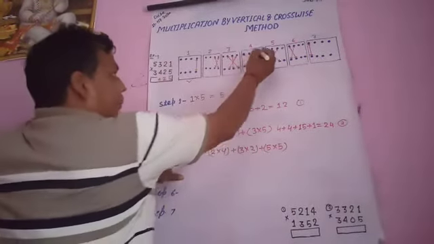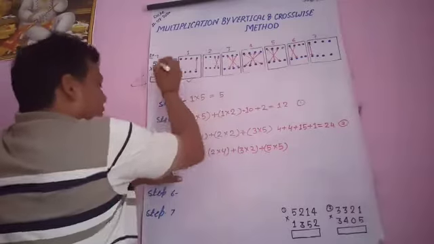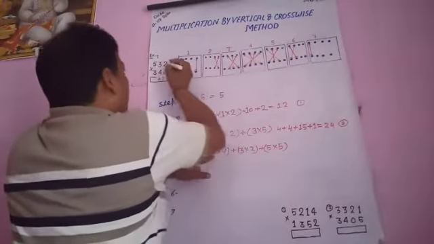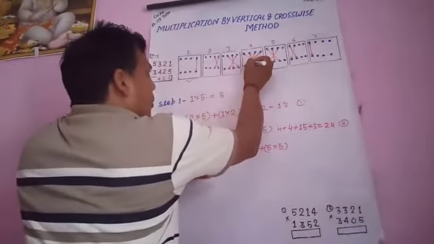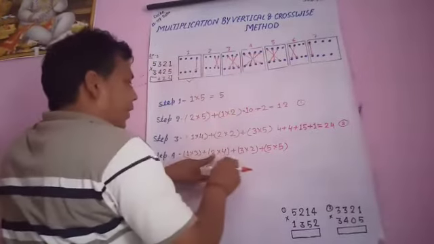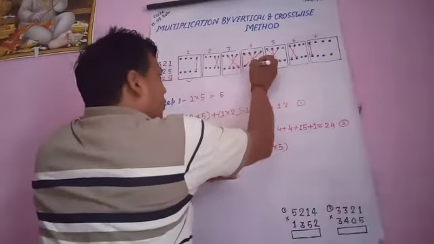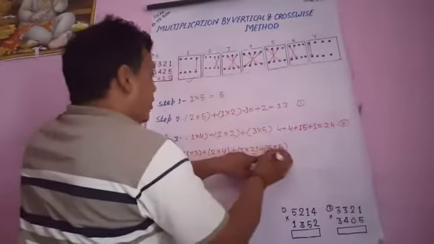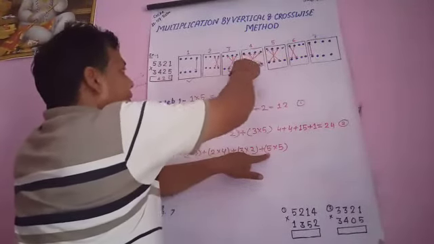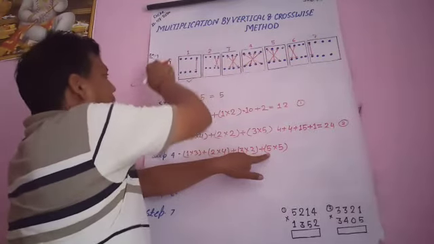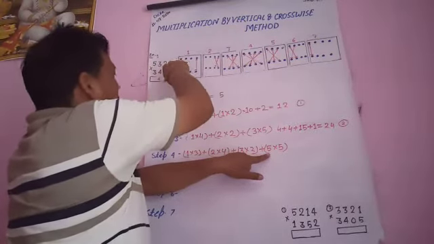1 into 3, 2 into 4, 3 into 2, and the first number with the last number, 5 into 5.